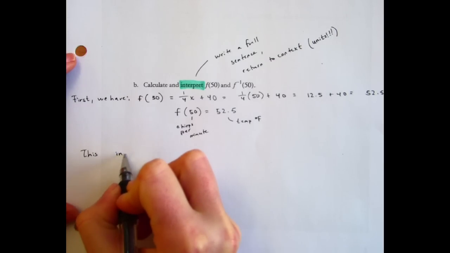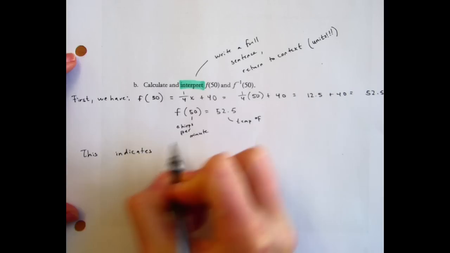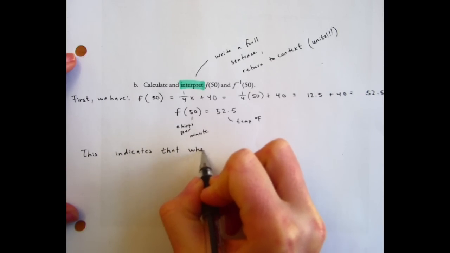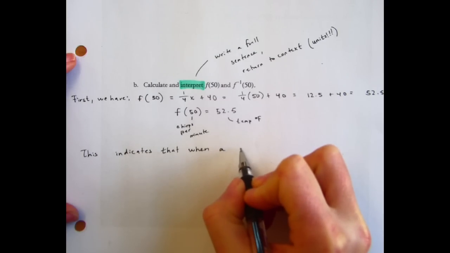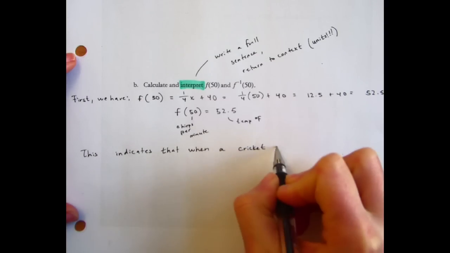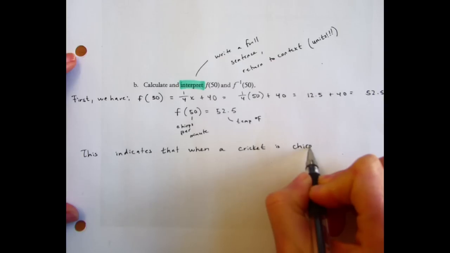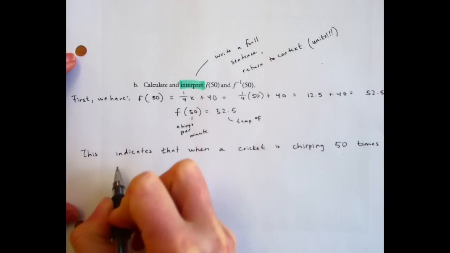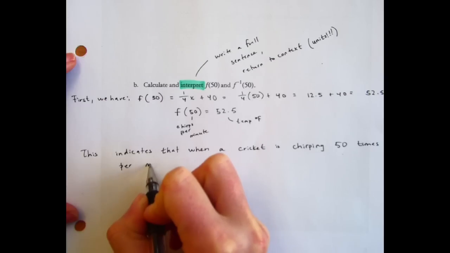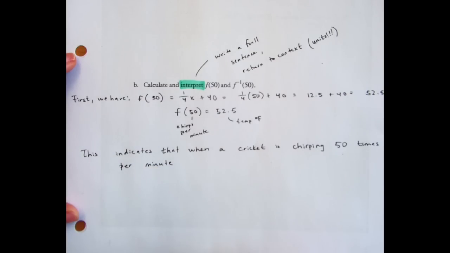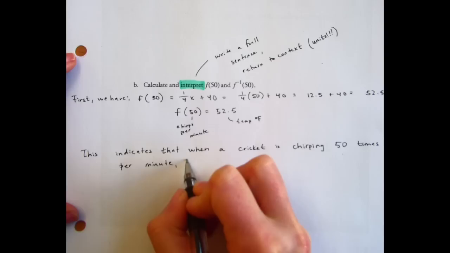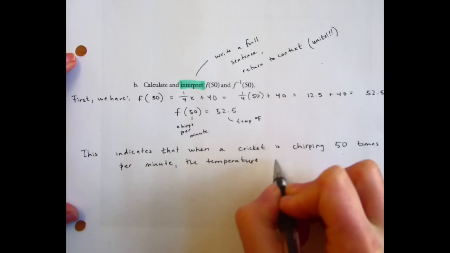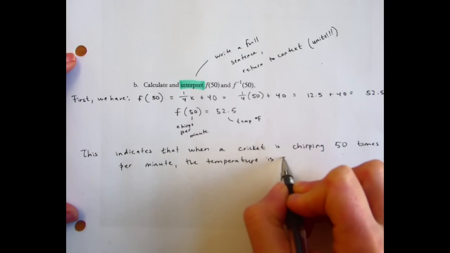This indicates that when a cricket is chirping 50 times per minute, the temperature is 52.5 degrees Fahrenheit.